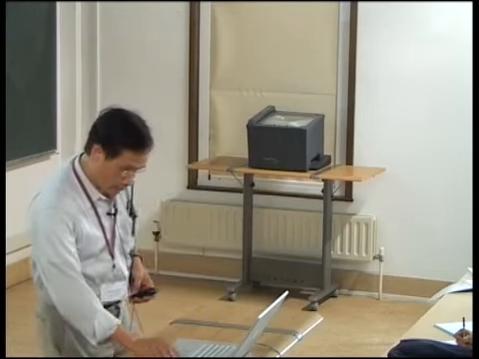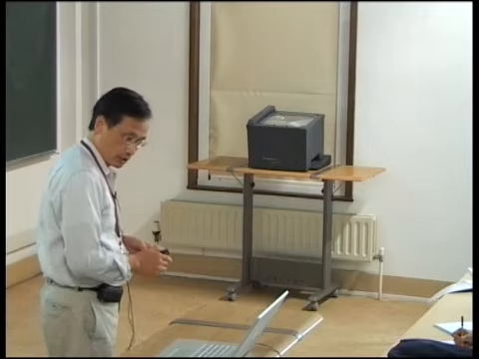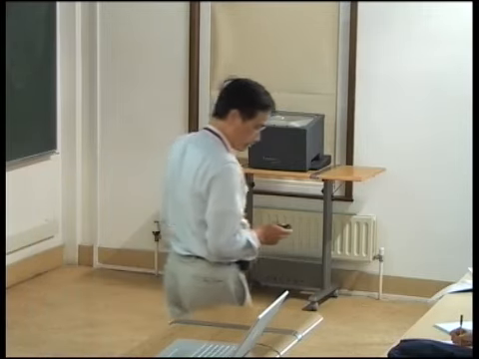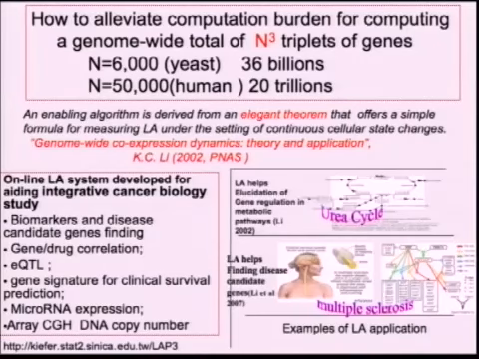Okay, so it involves another variable, and I will try to make a good story about how important that is. Since liquid association involves three variables, there will be a question of computing. How are you going to compute the liquid association score for the n-cubed triplets?